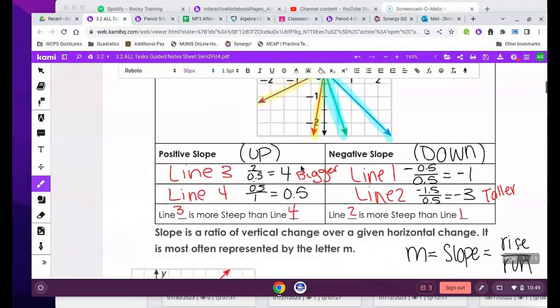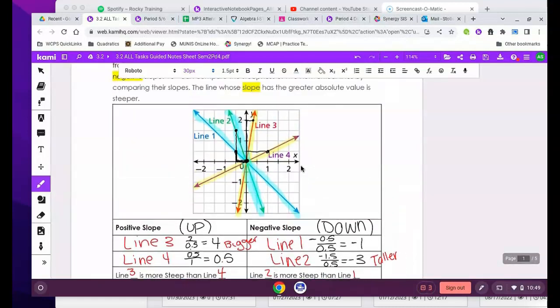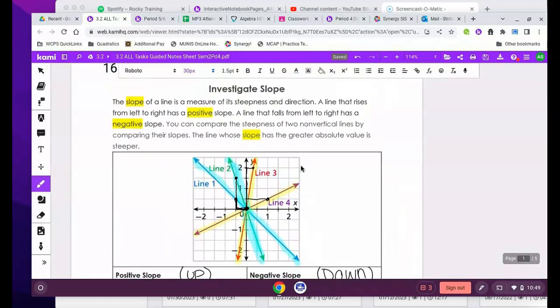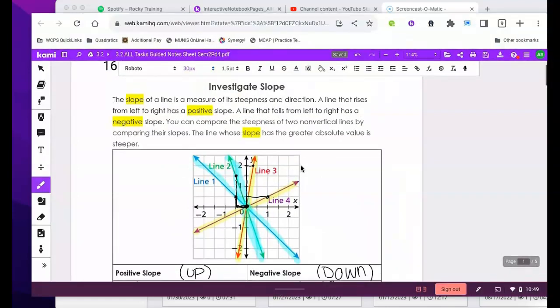All right, so on your practice today, you will be identifying the slope and whether it's positive or negative, but then they're also going to give you examples of some vertical lines, which looks like this. Vertical lines have an undefined slope, so that's a little bit different. Undefined means there is no slope at all. So positive slope, negative slope, undefined slope.